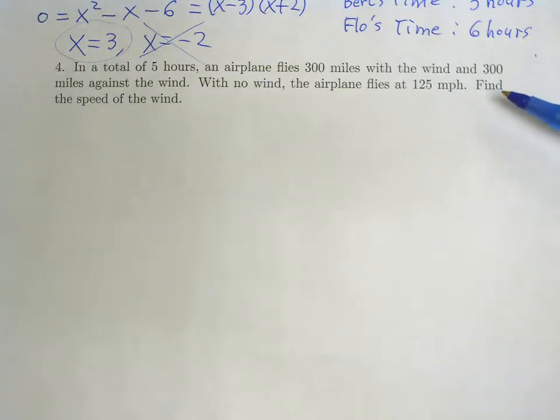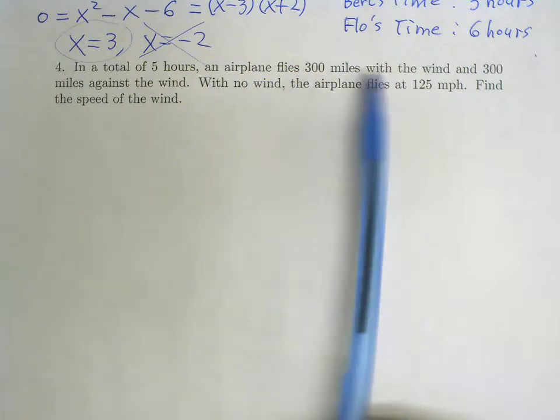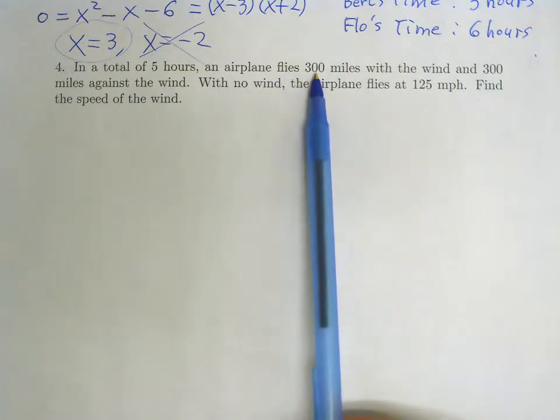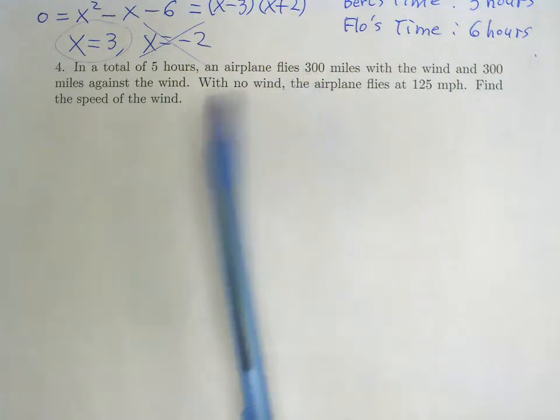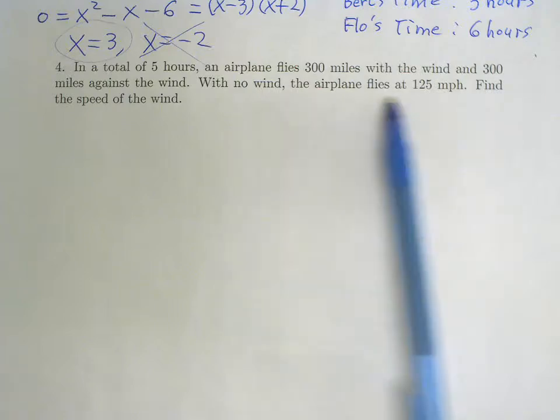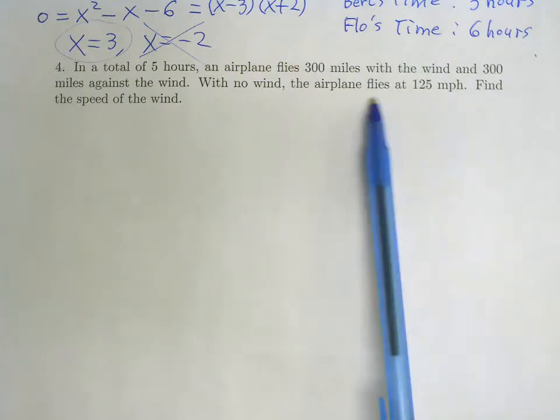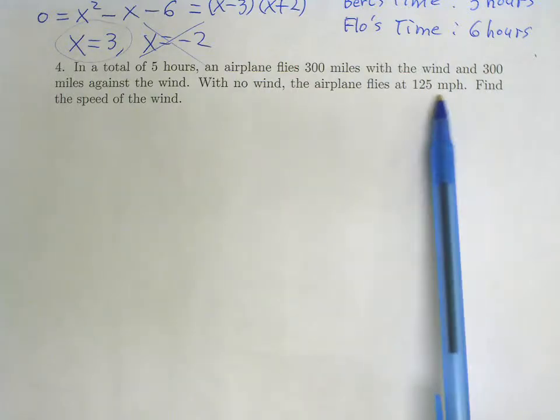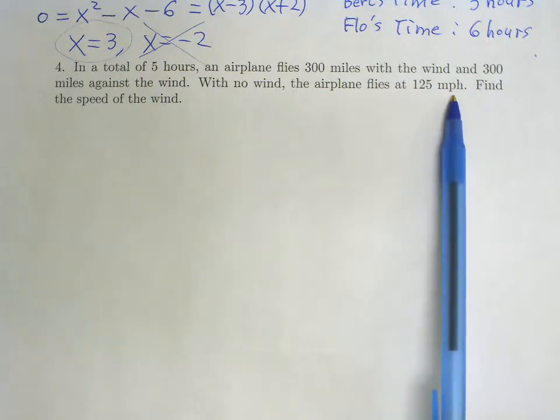Okay, this is a uniform motion problem. Equations have the form rate times time equals distance. So the clues in the problem, there are distances described, 300 miles. Rates or speeds, 125 miles per hour is a speed, and time.